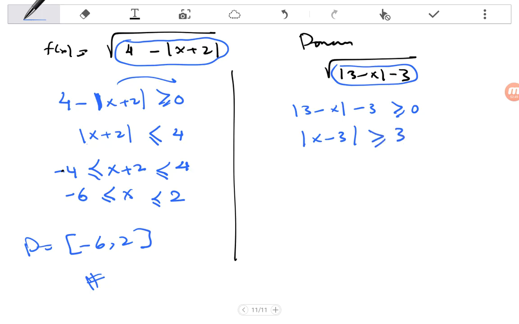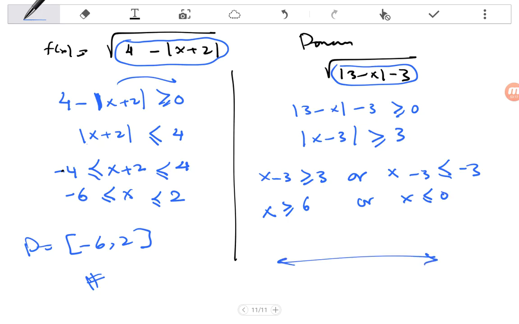Solving gives x greater than or equal to 6, or x less than or equal to 0.